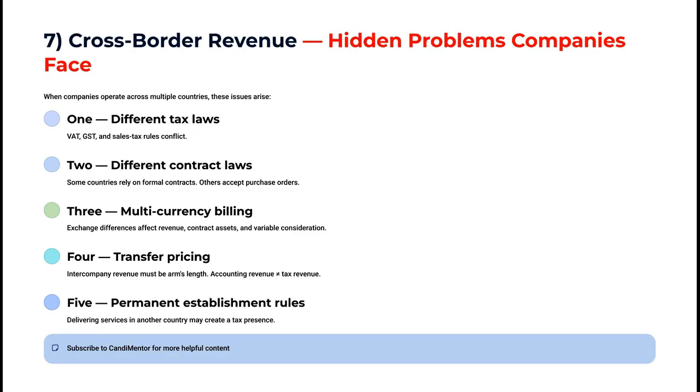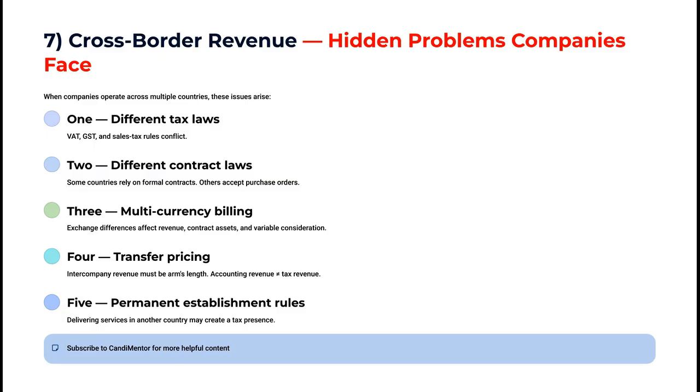Cross-border revenue: hidden problems companies face. When companies operate across multiple countries, these issues arise. 1. Different tax laws. VAT, GST, and sales tax rules conflict. 2. Different contract laws. Some countries rely on formal contracts, others accept purchase orders. 3.